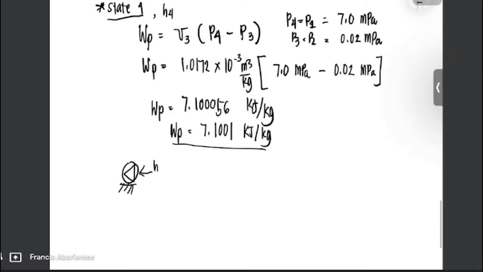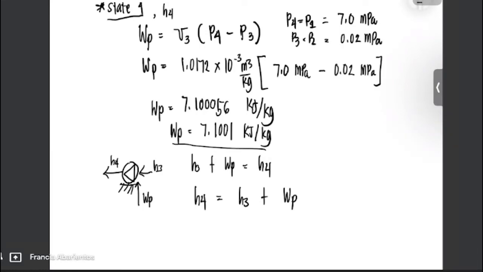Pasok dito yung 3, lalabas yung 4, at saka may work of the pump. Diba? So, all entering, H3 plus work of the pump. So, in finding for the H4, we make use of this plus the work of the pump.